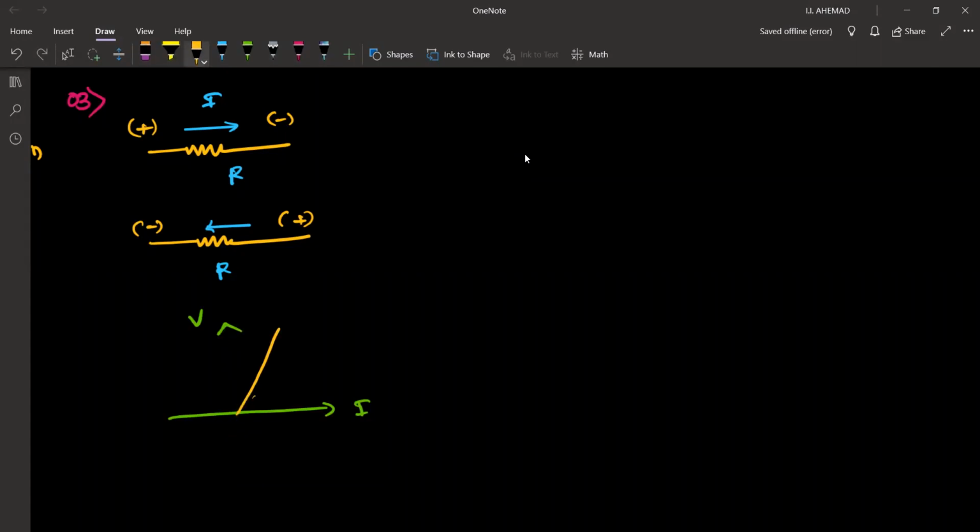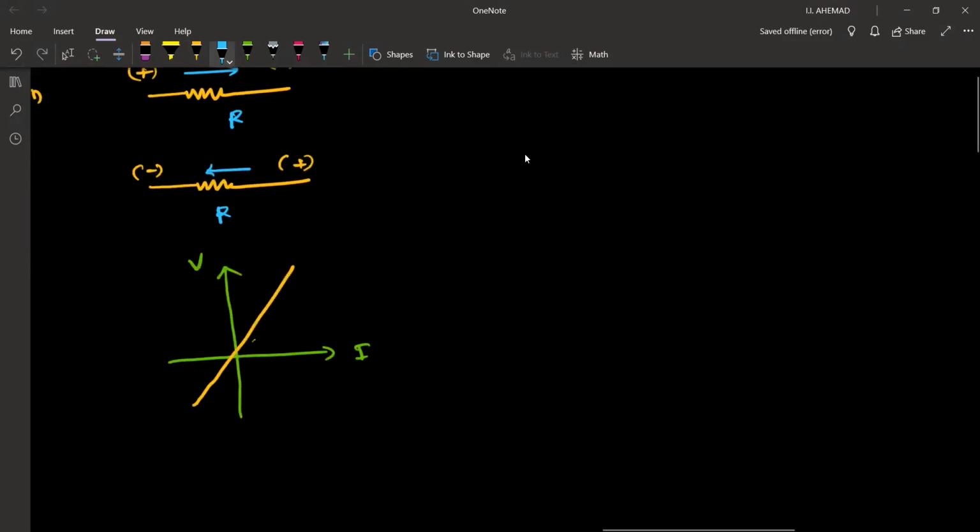It will be a straight line, okay? It's a straight line that will go through the origin. So why did it go to the negative side? We have changed the direction. When we change the direction also, it is still a straight line.